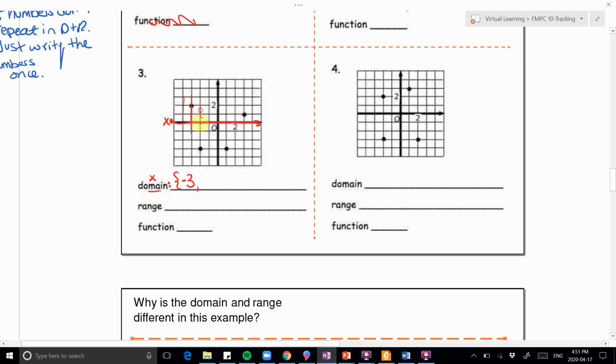If I look here, do I have a point? Yes. So that means this is part of my data set. So -2 can also be a number. And you keep going, right? Nope. Nope. Yep, this one's on there. So that means 1 can also be part of my data set. Nope. Yep. So 3 is also part of my data set. And that is all of the possible numbers.